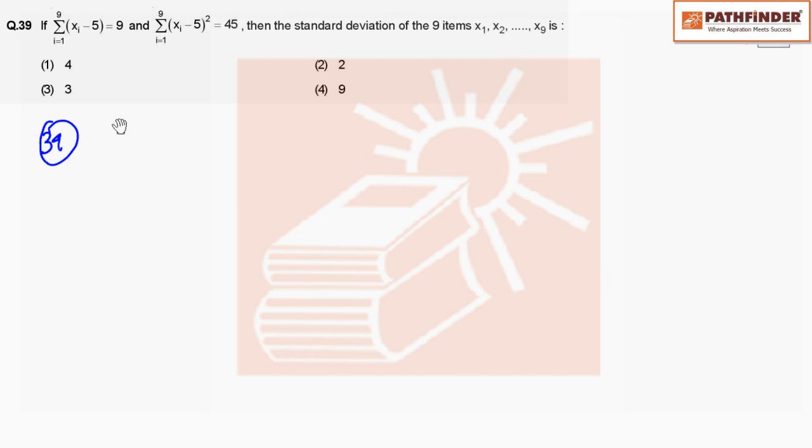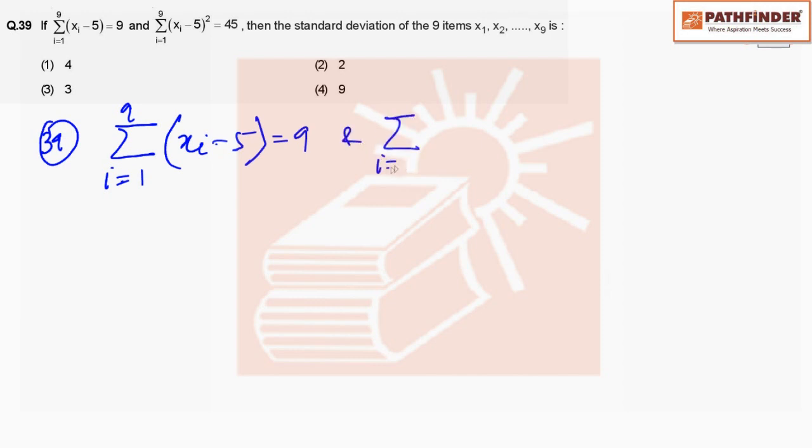This is given: summation of i equal to 1 to 9 of xi minus 5 equals 9, and summation of i equal to 1 to 9 of xi minus 5 whole square equals 45.